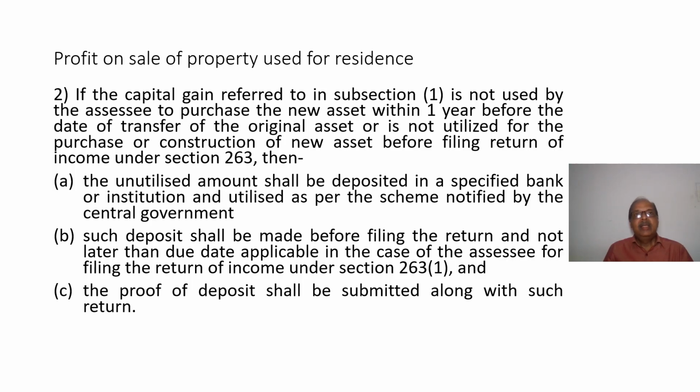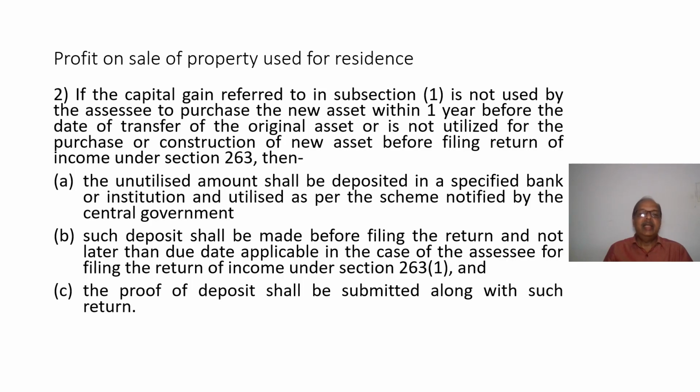That is, even if the property is not purchased within the time prescribed, the amount can be deposited in a bank or institution under the specified scheme notified by the central government.